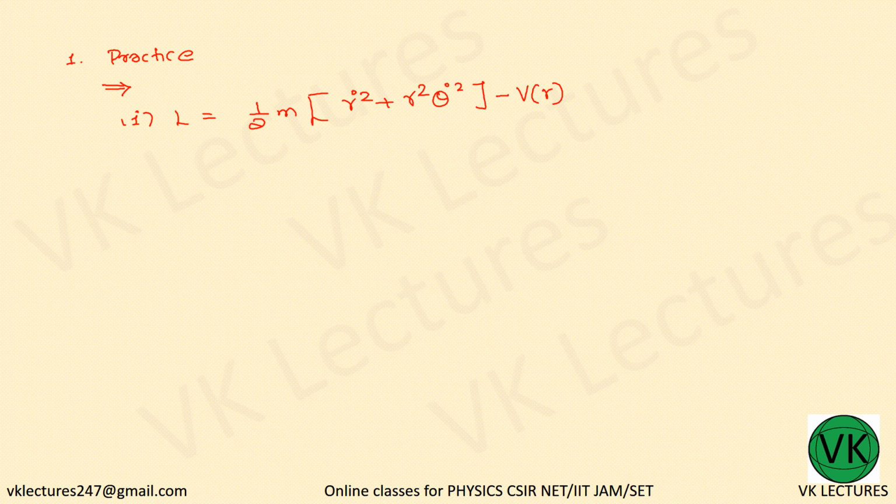Now second one, you can also consider the cylindrical coordinate system, which consists of rho, phi and z.